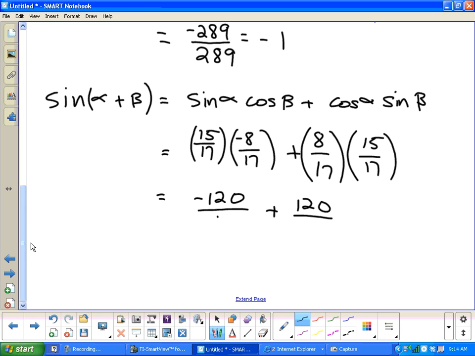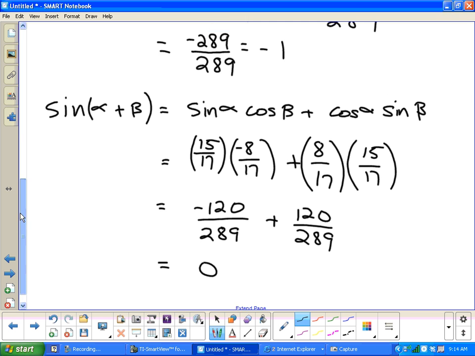Yeah, that would be over 289. I didn't multiply my 17s there. What was I probably thinking about when I did that? I was thinking about adding. And when I wasn't adding, I was multiplying. Okay, that's a mistake a lot of people are going to make. Now, this just is going to turn out to be 0. Okay. So negative 120 plus 120 is 0, and then 0 over 289 is going to be 0. Okay. Now, so there's part B.